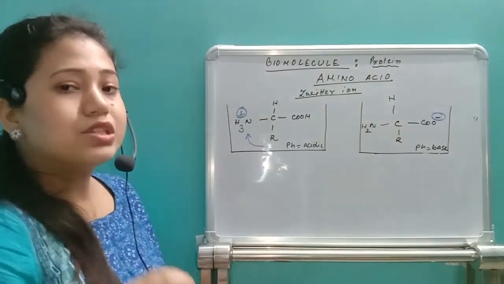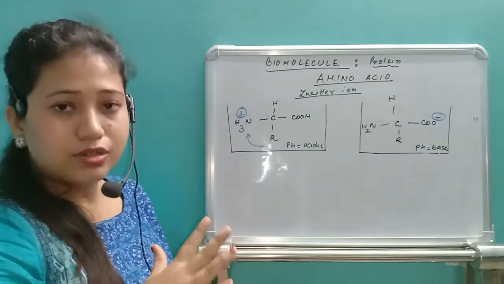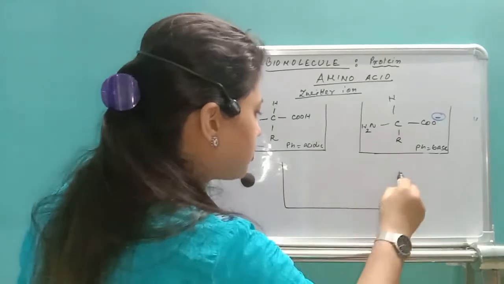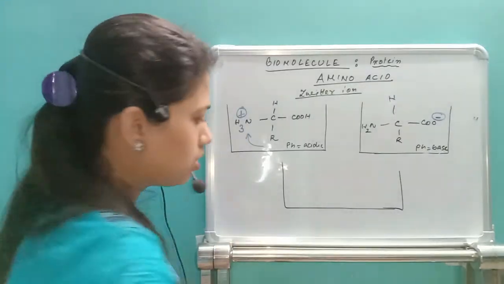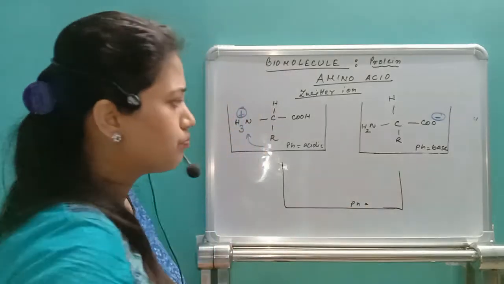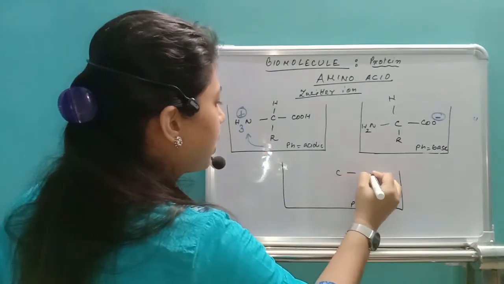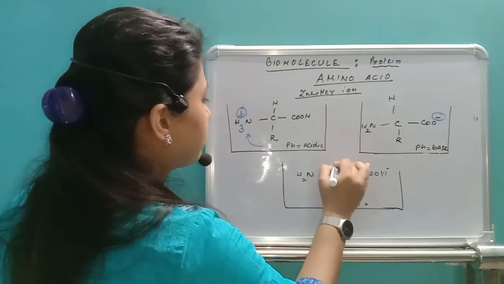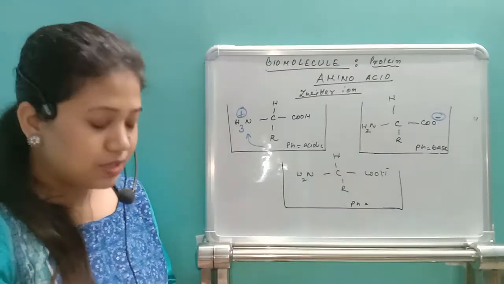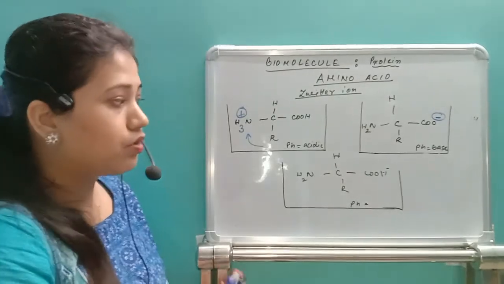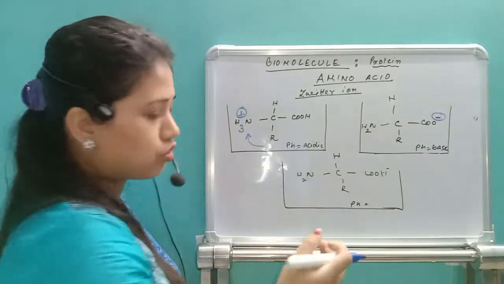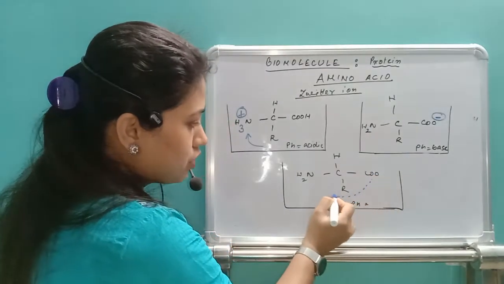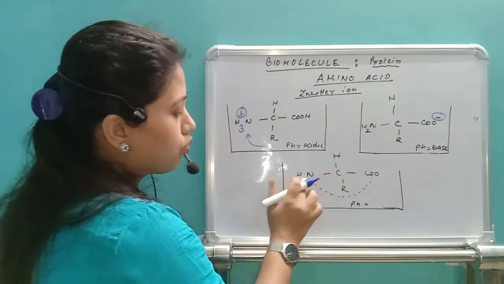Now there is a very interesting thing we will see in a solution. Suppose this is a solution of an unknown pH, we will take this pH later. Here we will have this carboxylic acid group, and here we will have this amino group, here the variable group, here hydrogen. So at a specific pH, a proton from this carboxylic acid group comes and is added to the amino group.